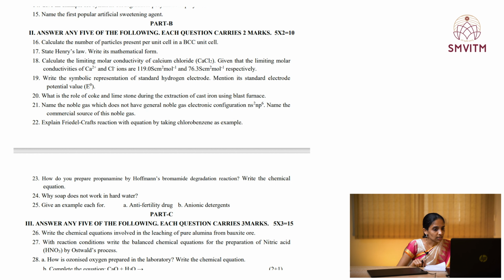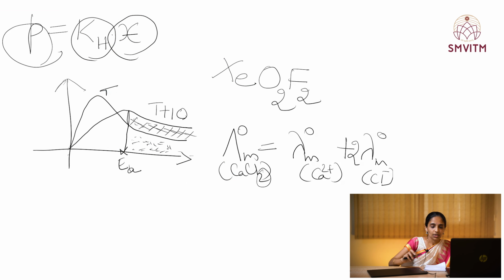So, the products are: you get two products, or a mixture of products. One is ortho, the other is para. The ortho product is like this. This is your chlorobenzene, and the methyl group comes here.